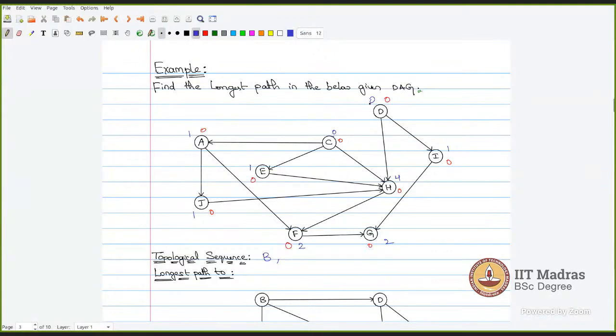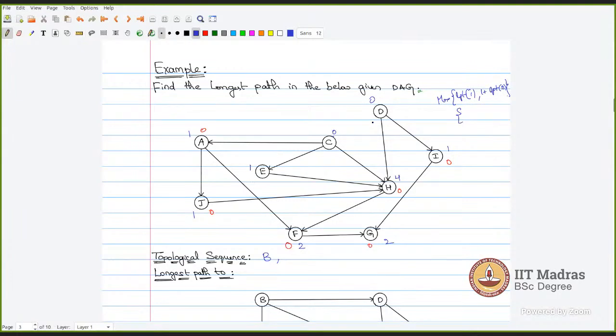See here itself we removed B. We updated only in degrees. We have to update the red numbers also. So what will be the red numbers? It will be max of 0, 1 plus 0. So all these three will have the max of longest path to this particular vertex, or 1 plus longest path to B. The longest path to the vertex is anyway 0.